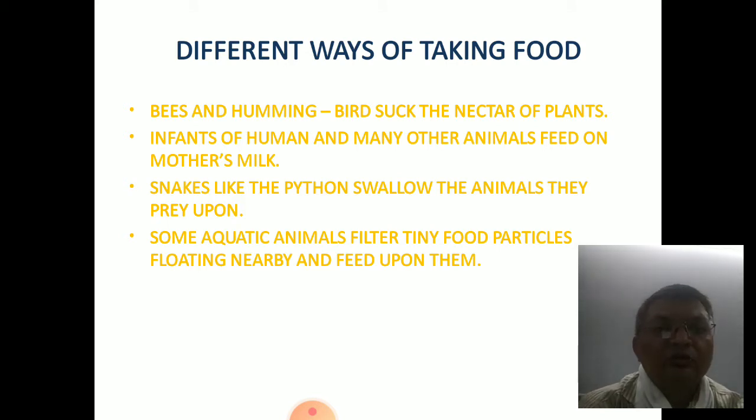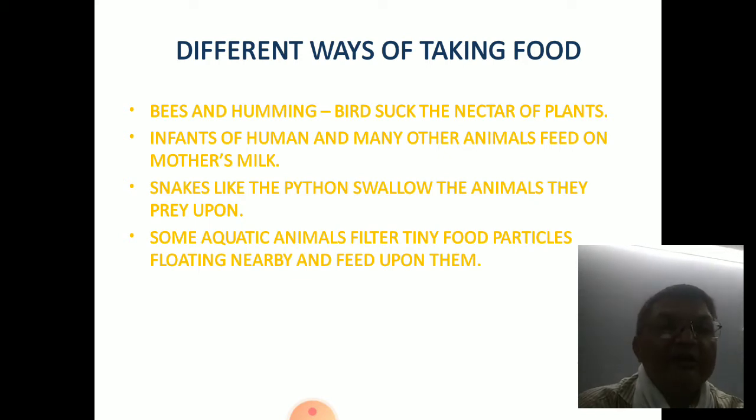Now we'll see some different ways of taking food. All animals cannot take food in the same way. There are different ways of taking food. Suppose bees and hummingbirds. Bees and hummingbirds suck the nectar of the plant.